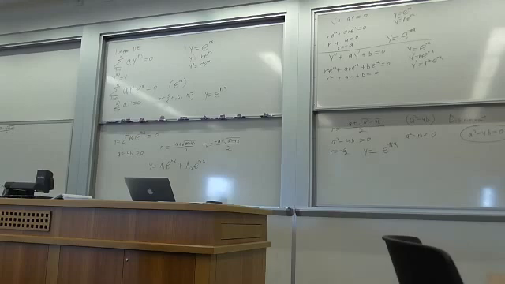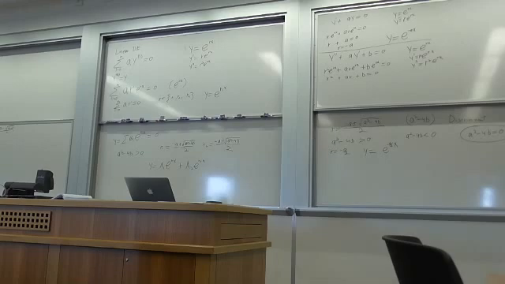So that would give us y equals a1 e to the (r plus is)x plus another constant a2 times e to the (r minus is)x.